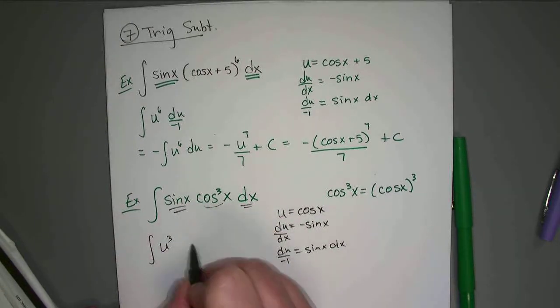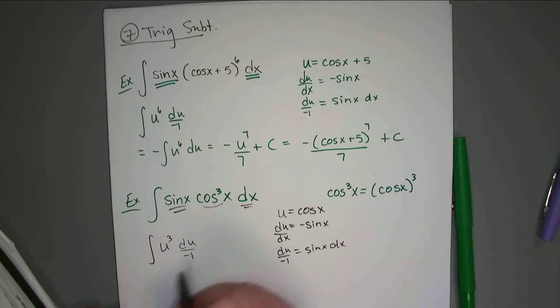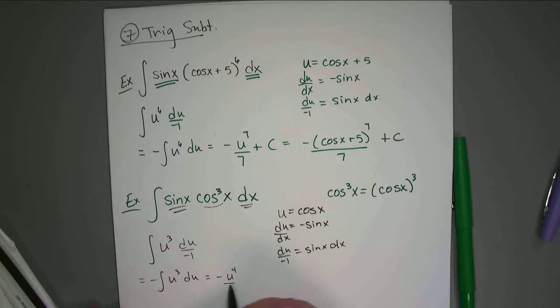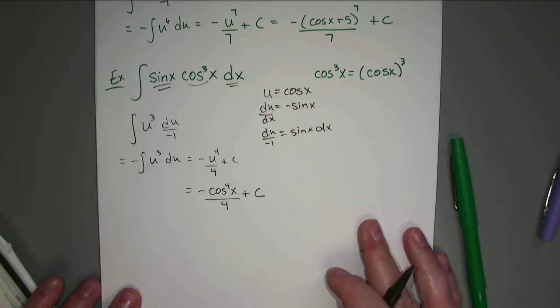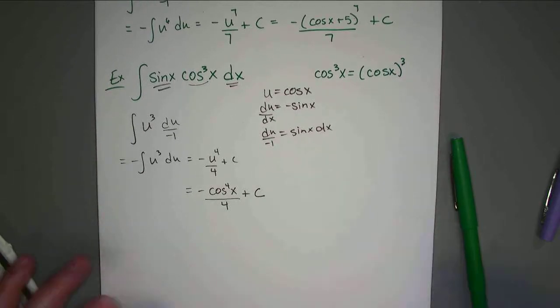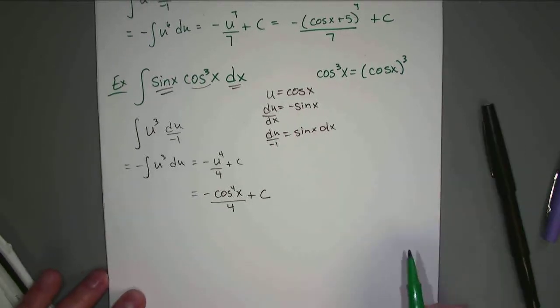Drop these off, du over negative 1. So u to the 4 over 4. And u is cos, so cos to the 4 over 4. So that's how, like, a sine and a cos together, we can often do that.